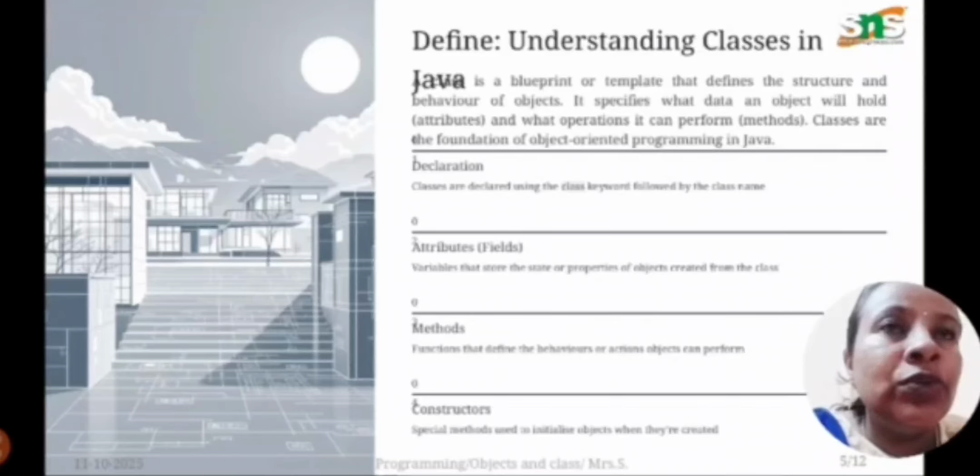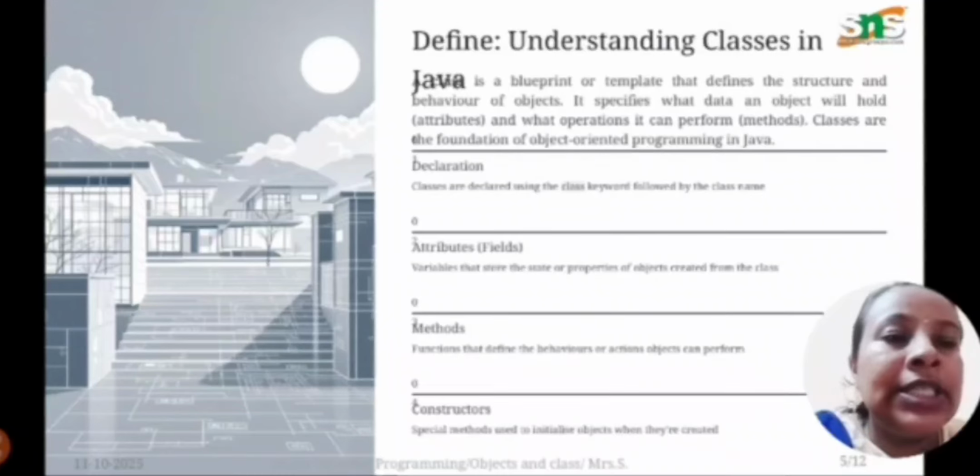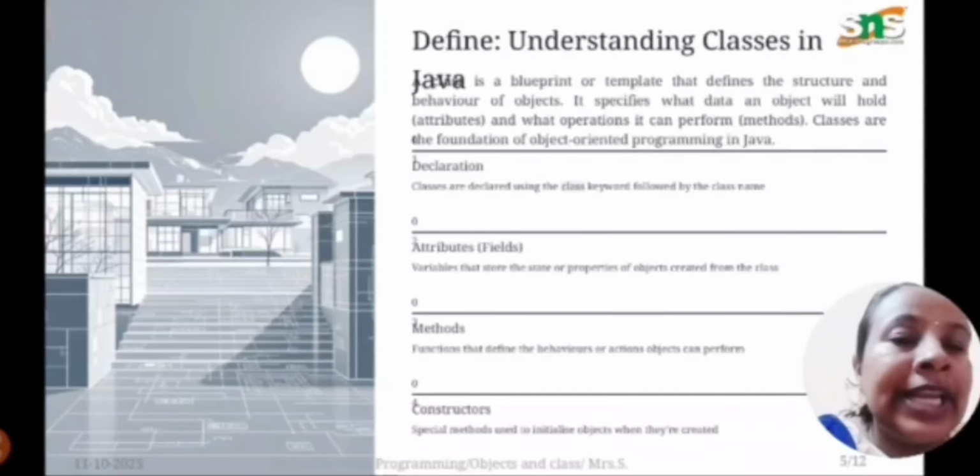It should relate to the functional purpose. Then attributes, or fields: variables that store the state or properties of objects created from the class. After creating a class, some properties or variables will be stored. That is relevant to the main class, and that is known as the attributes.